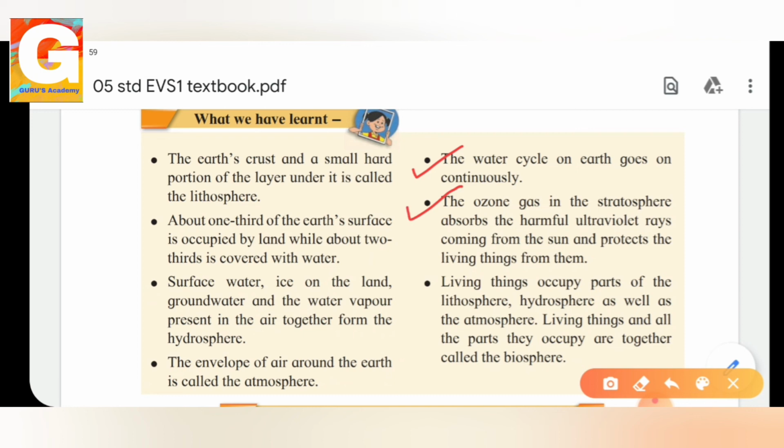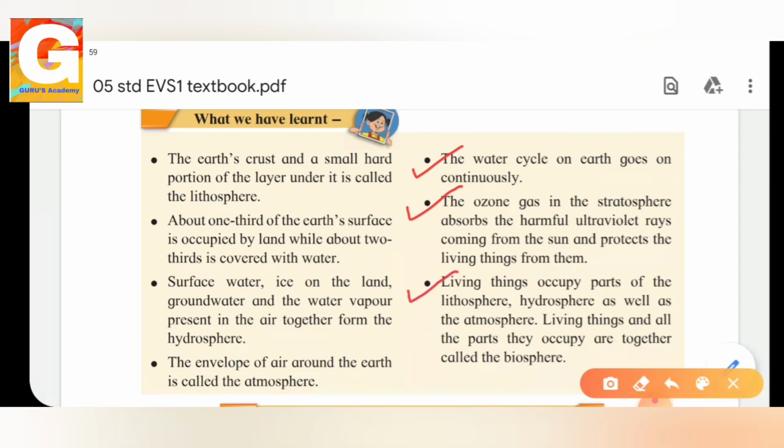absorbs the harmful ultraviolet rays coming from the sun and protects living things from them. Yes, we have seen that we have an ozone gas layer in the stratosphere, above the troposphere. It absorbs all the harmful ultraviolet rays coming from the sun, and it protects us from them.